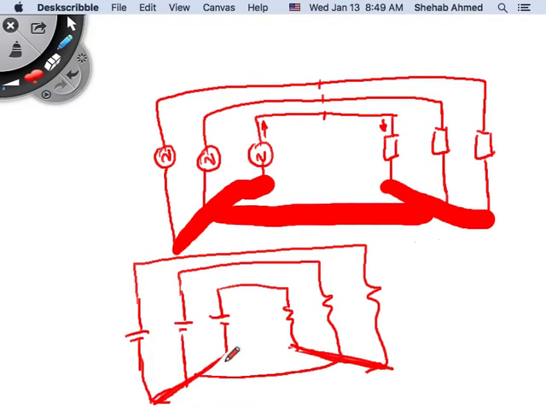I had 3 lines. Now I removed the 3 return lines here, and I used 1 line.